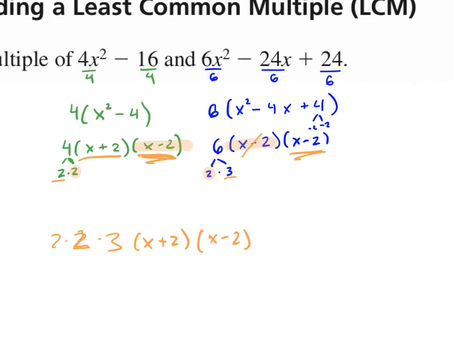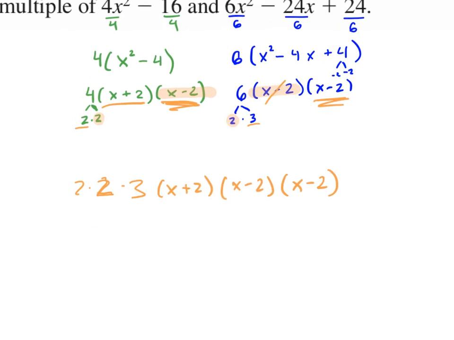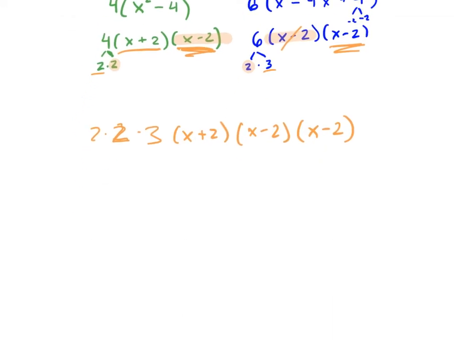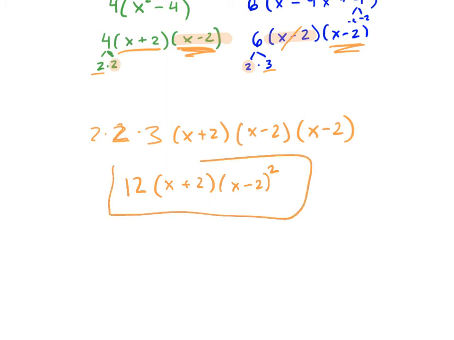But we have this other x minus 2 that doesn't have a pair, so we have to include that as well. So we have 2 times 2 times 3 would be 12 times x plus 2 times x minus 2. We could either write squared or write it again. Doesn't matter, same thing. It's just x minus 2 times x minus 2.